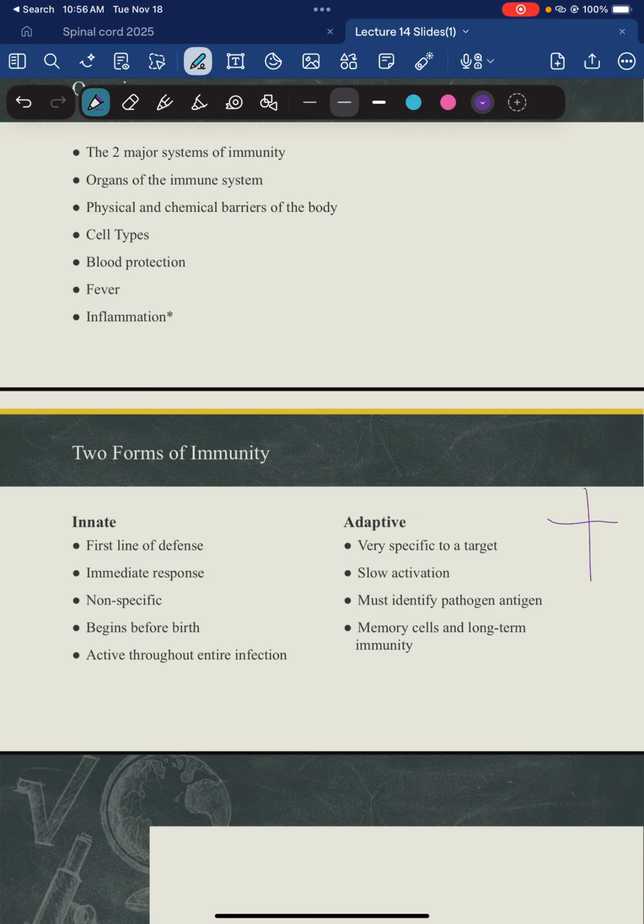Big theme that we're going to talk about. Another big theme that we're going to talk about is how we protect things that are outside of cells versus things that are inside of cells.